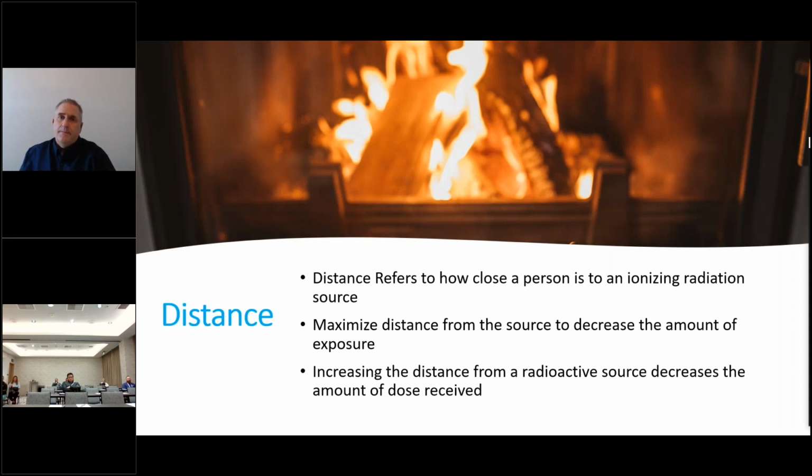Distance. The second principle is to me probably the most important one to use for people that are working while we're producing radiation. Now, as service personnel, we're rarely doing that. If we are making exposures, there's no reason for us to be in the room that we're making the exposures in, so we can actually isolate ourselves.